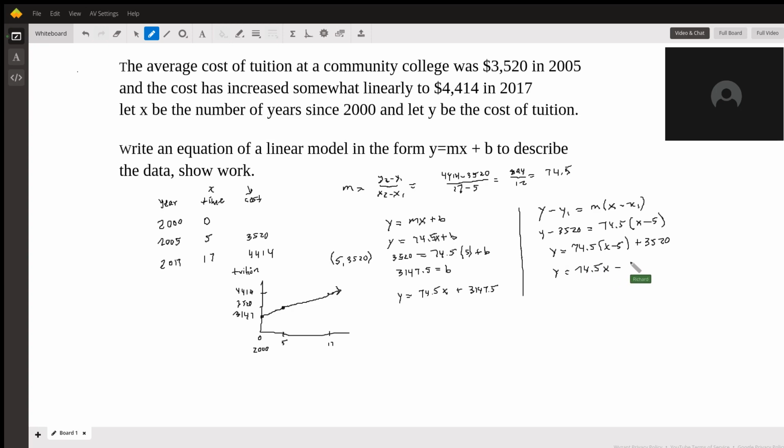So y equals 74.5x, and then we have to multiply 5 times 74.5, which is 372.5, plus 3520. And we do that and you get the same equation as before. Just combining these two is going to give you 3147.5.